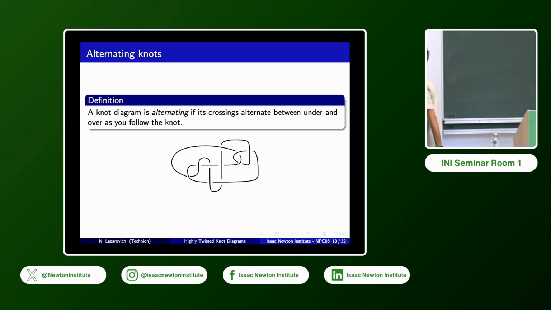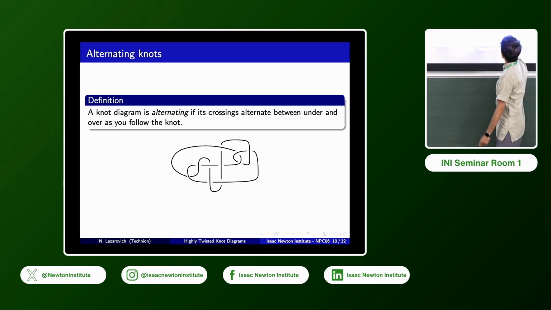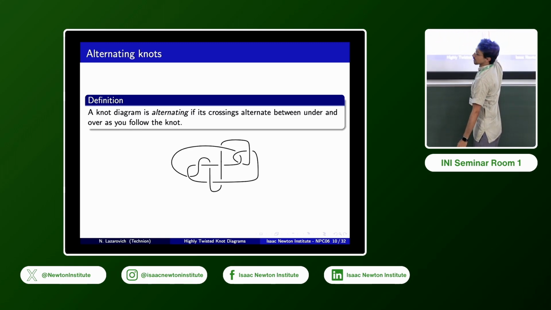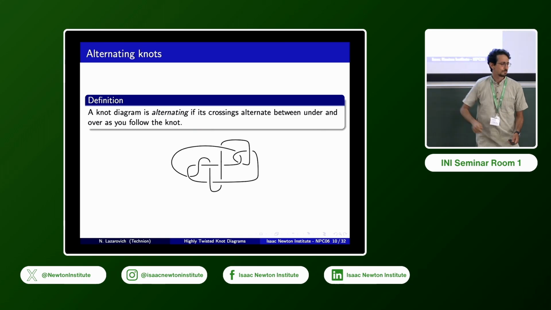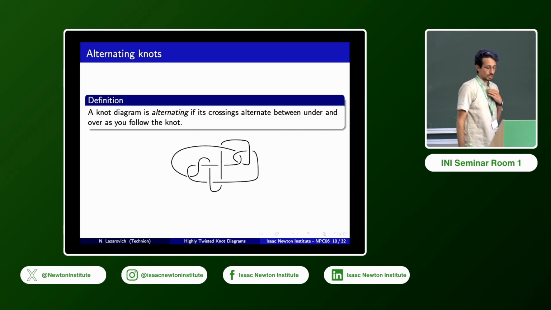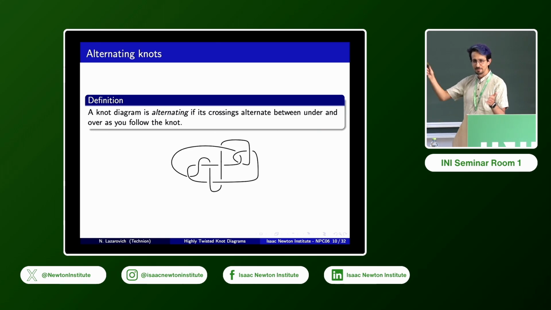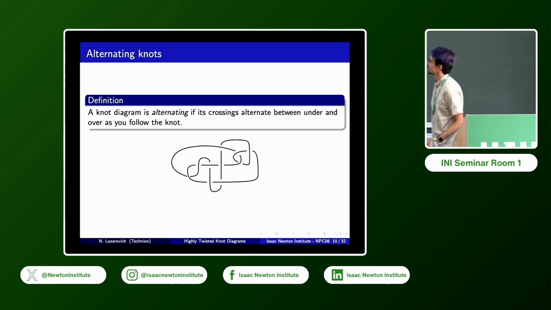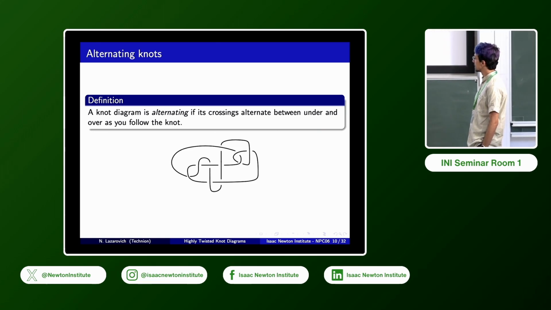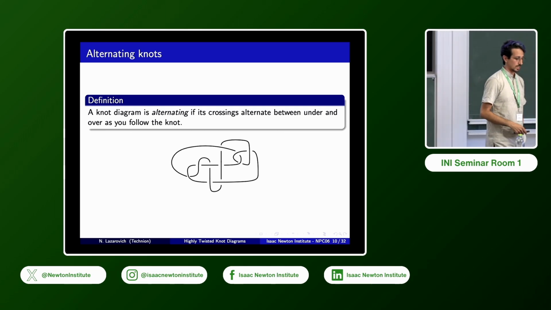I should point here. You go under, and then you go over, and then under, and so on. That's something that's very easy to check. You stare at the diagram, you follow it like we just did, and you can check if it's alternating or not. Let's see some nice properties of alternating diagrams.